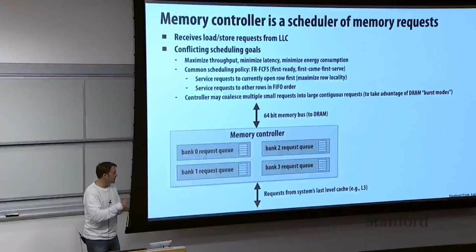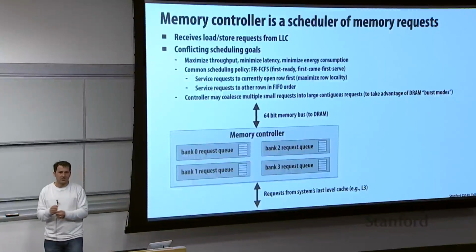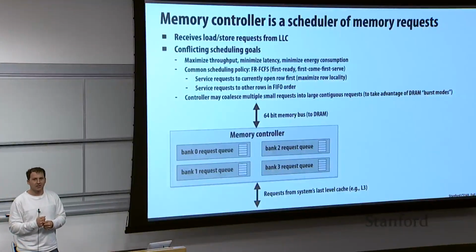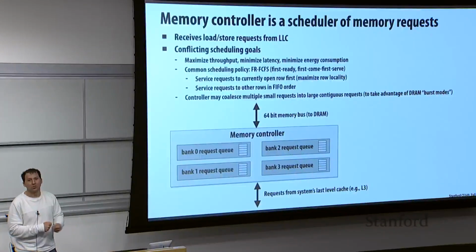So it's going to reorder all the processor's memory requests to get the highest bank pipelining and the highest row buffer locality.